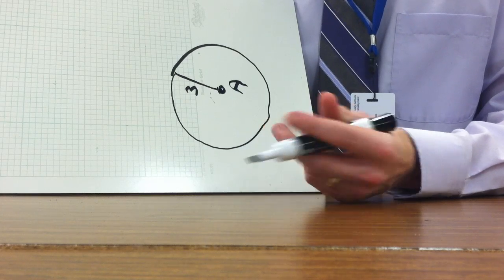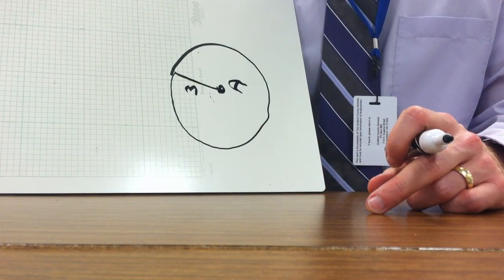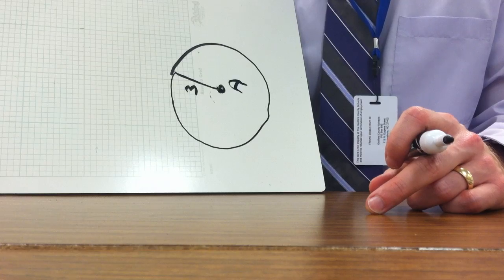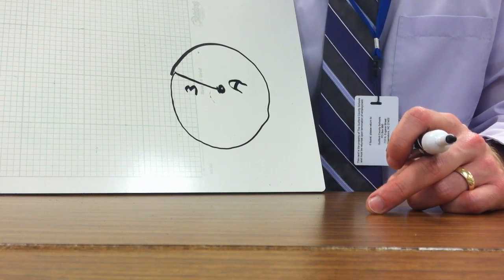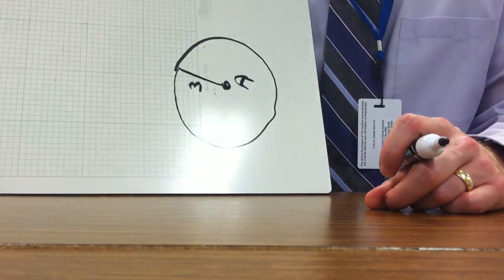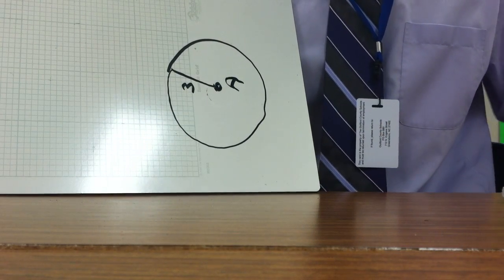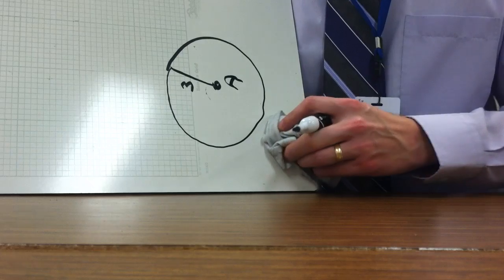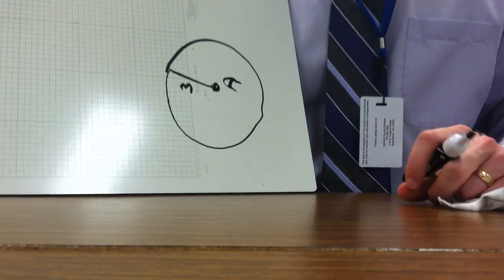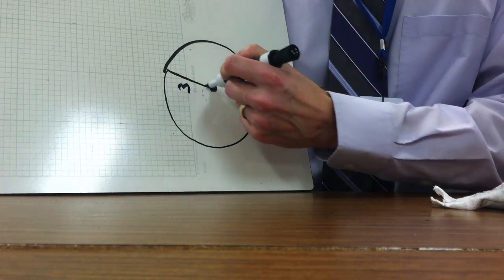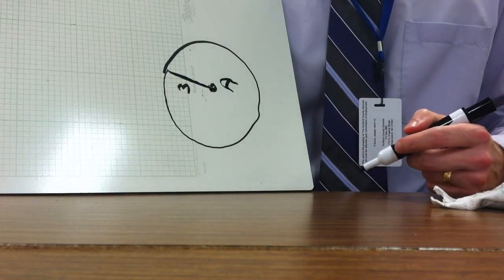If I left out the words in a plane, if we just said the set of all points equidistant from a given point, that would be a sphere. And we'll talk about those when we get to the unit on area and volume. Okay, so a little background there about the definition. A lot of terms you already know, like the given distance of 3 inches would be the radius.